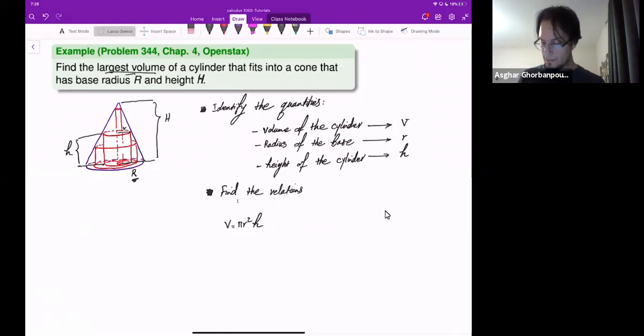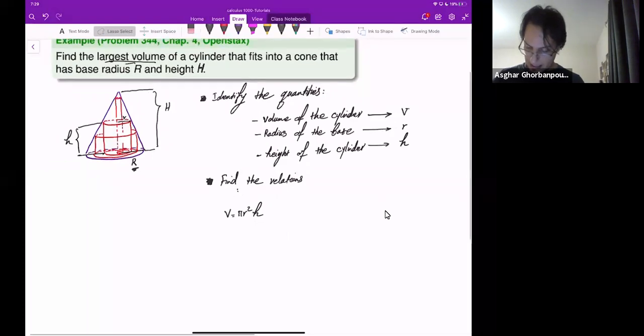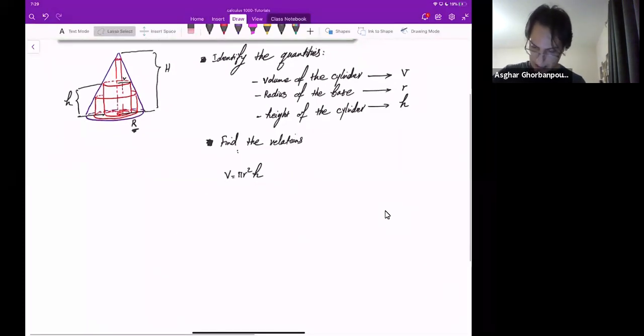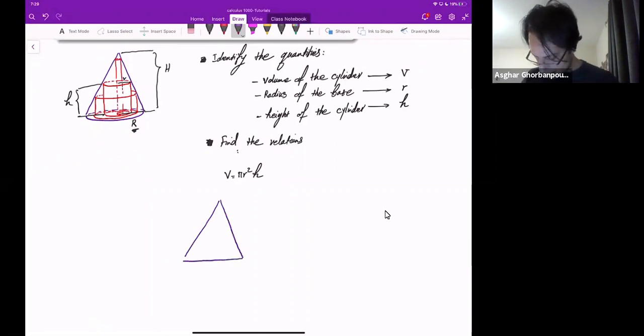The second thing is that if I cut this cone in half from the top point and then cut it vertically, I will see a triangle.